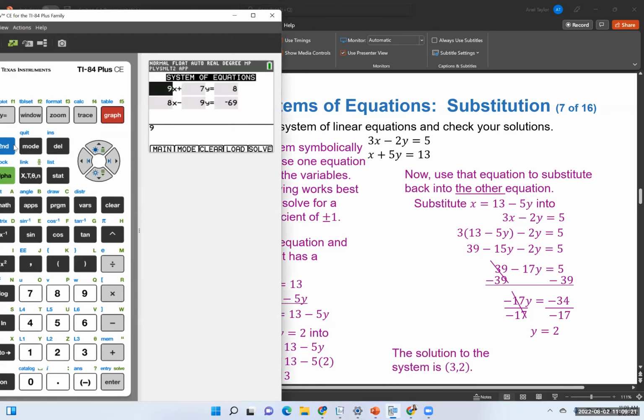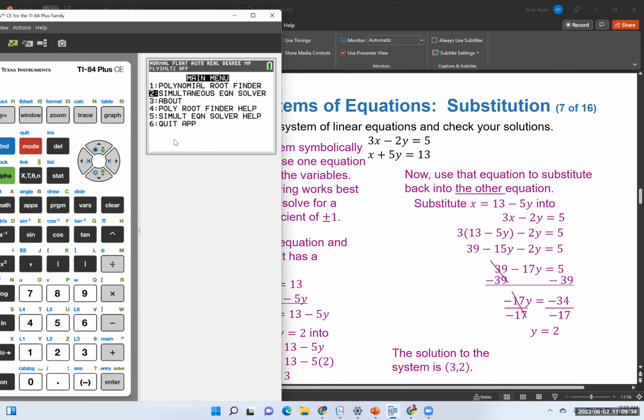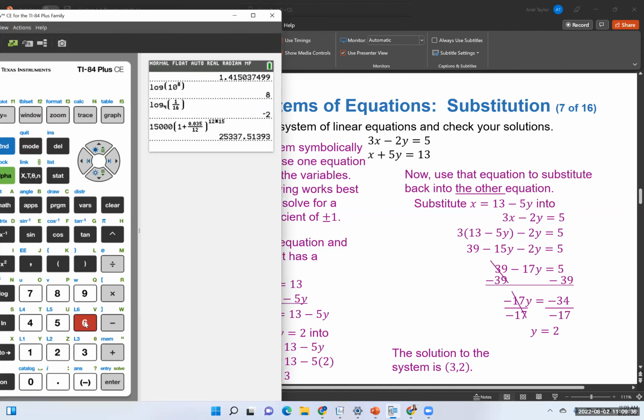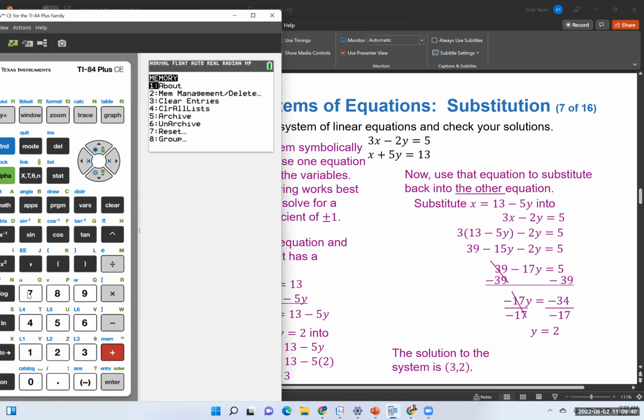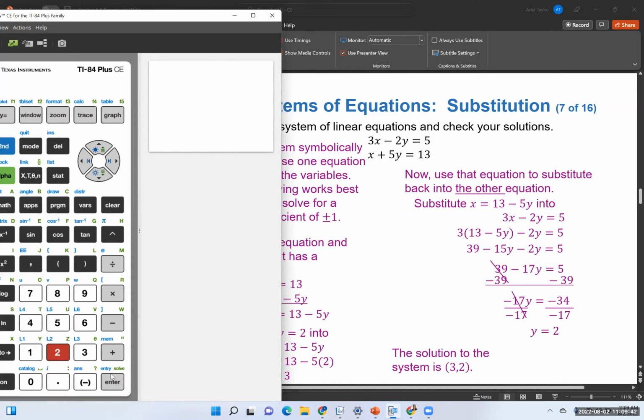So using the calculator, I'm gonna start from scratch and act like I have not showed y'all how to do this at all. Second plus, oh, this is not gonna work. Let me get out of here first. Second, quit, and then I can quit the app by pushing number 6. Okay, I'm gonna clear my calculator. Second plus 7, 1, 2.